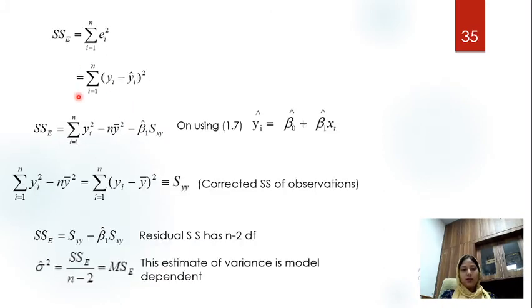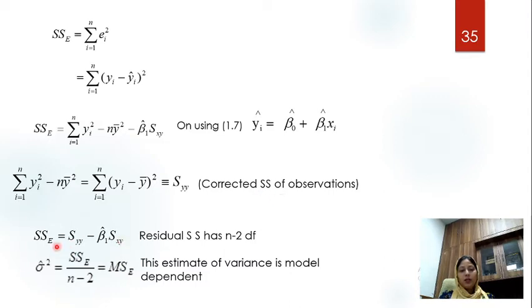SSE, the sum of squares due to error, is equal to summation y minus y hat square. SSE is summation yi square minus n y bar square minus beta 1 hat Sxy, on using equation 1.7. Or summation yi minus n y bar square is equal to Syy, which denotes the corrected sum of squares of observations.